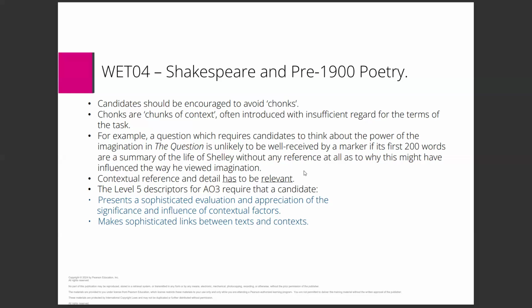If we're wanting a level 5, it's the keywords evaluation and appreciation of significance and influence of the factor. So not only do they know the contextual factor, but they can see actually it's a way of appreciating a certain element of the poem in light of the question, or it may be a significant way of understanding a particular image or a particular idea being proposed.